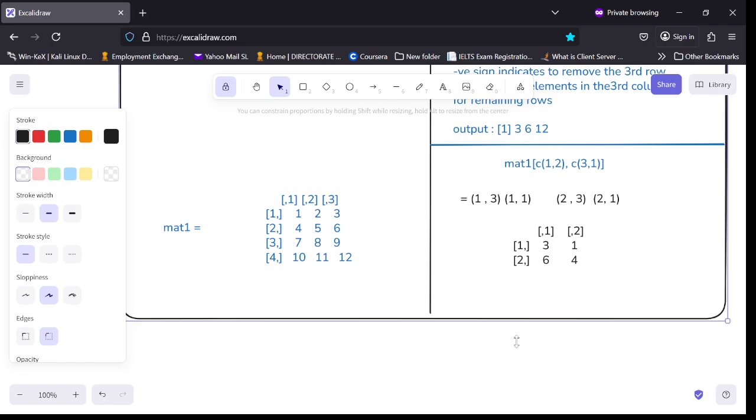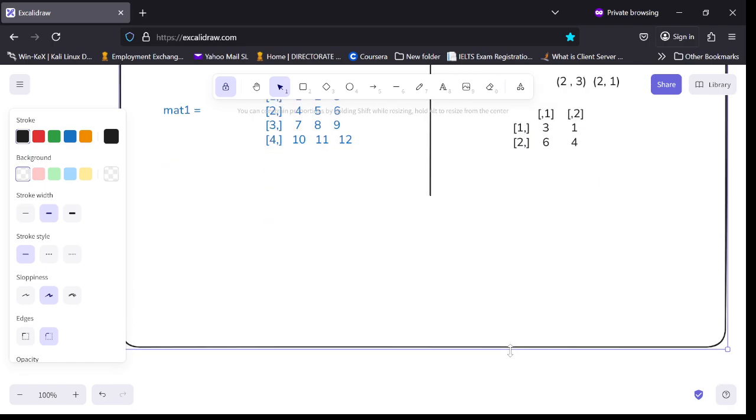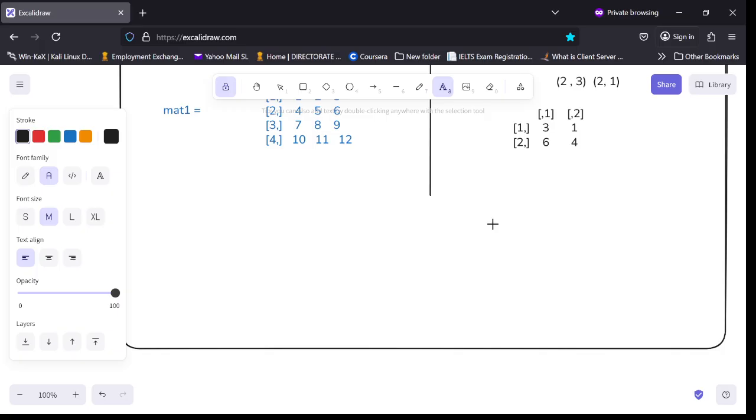So what is here? Let's say this. Okay, this is the thing here. What we have to check here is one.